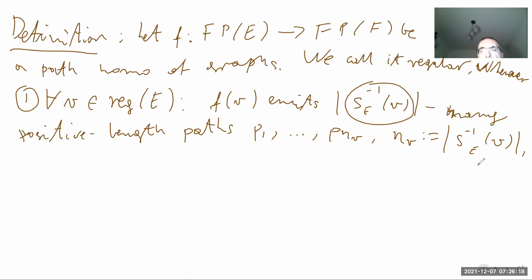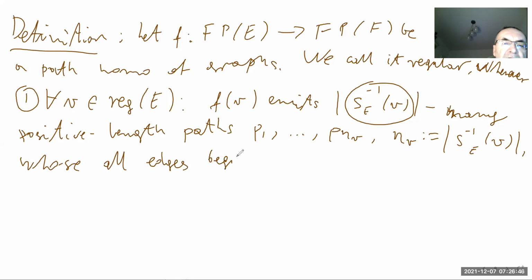I think I can now go back to writing my assumption, my definition of regularity. For these paths, all edges begin at regular vertices.